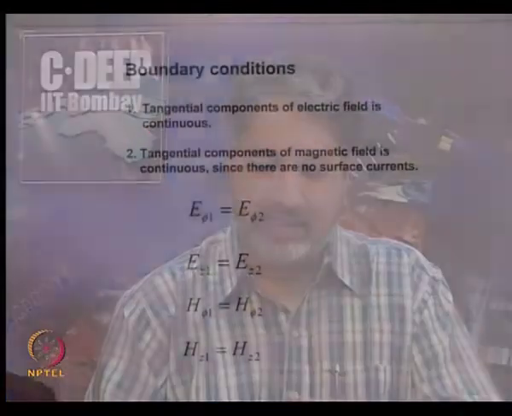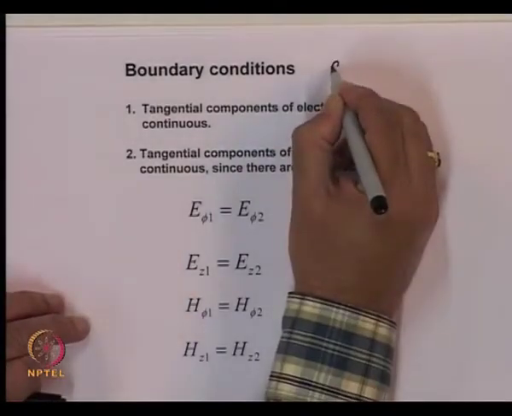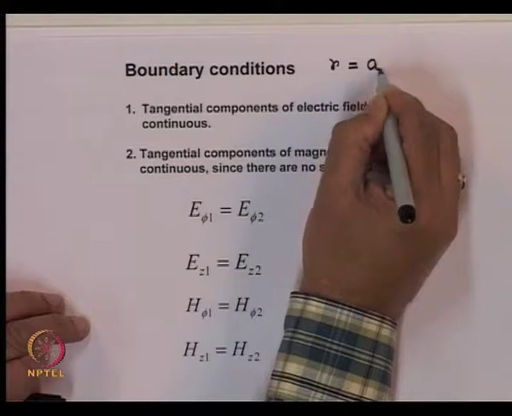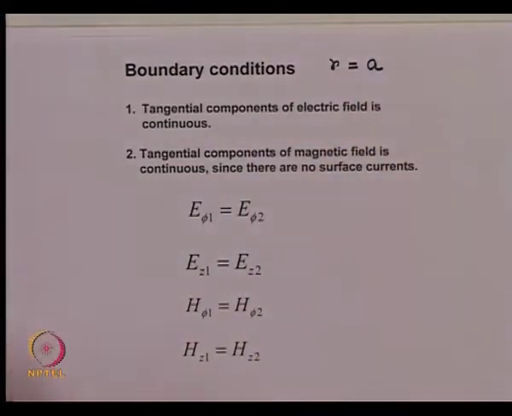So we have boundary conditions now at R equal to A, which is the core cladding interface. And from our basics of electromagnetics, we know that there are 4 boundary conditions which you can impose. We can apply the continuity of the tangential component of electric field, and the continuity of the normal component of magnetic field, and so on.